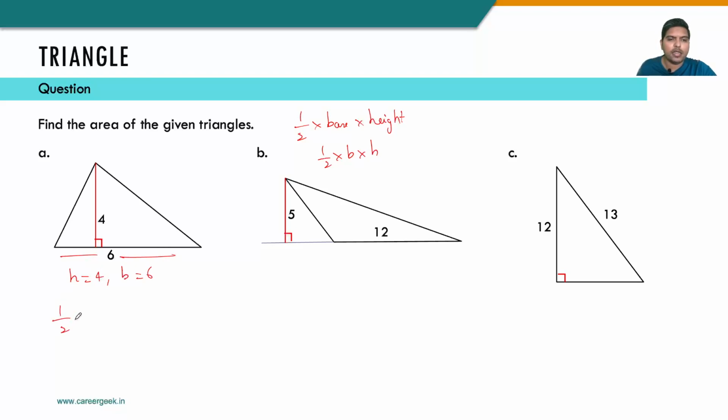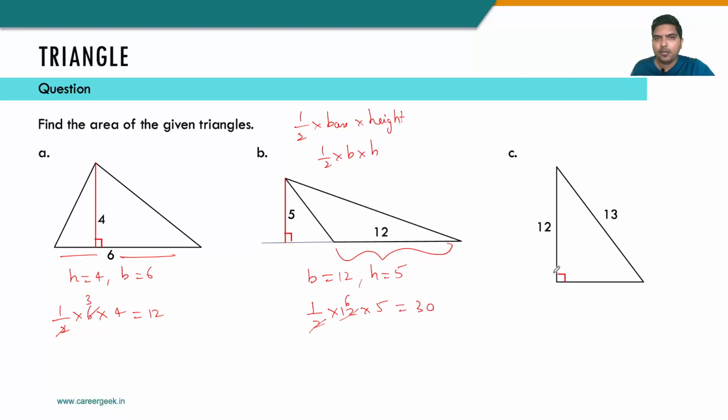So area of the triangle, half into base into height, which is 12 square units. Similarly, in the second one, the base is 12 and height is 5. So area is half into base into height, which is 30 square units.